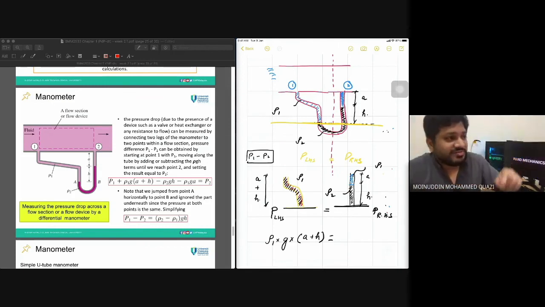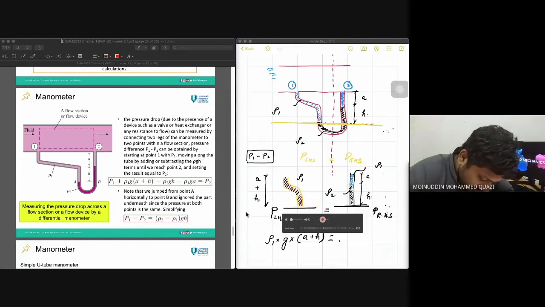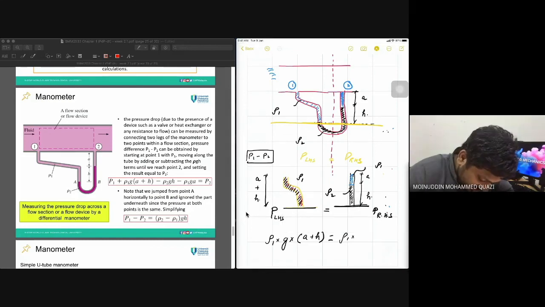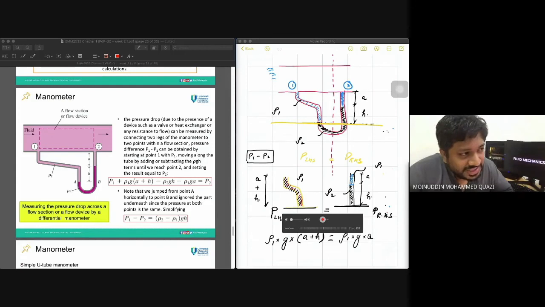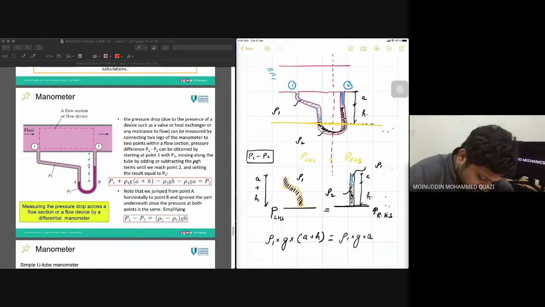This fluid 1 is present until height A. So I write rho 1 g A, plus we have got this height also, fluid 2. Fluid 2 has a density rho 2 for a height of H, plus rho 2 g H.